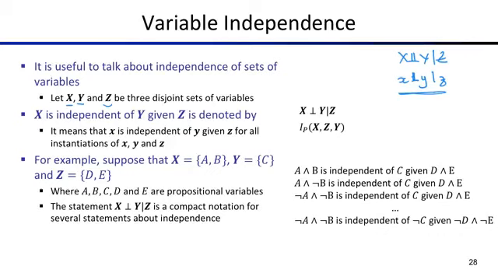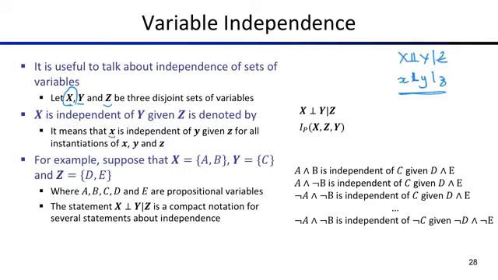We need to show that every possible instantiation, little x, again in bold face because it is a set of values of variables, is independent of the instantiations little y given little z, for all possible combinations.